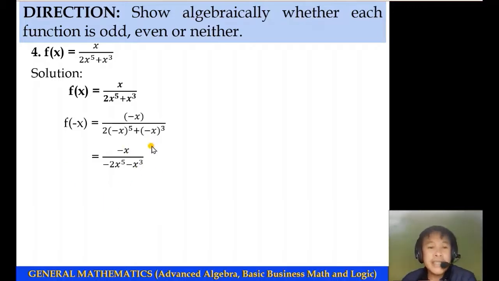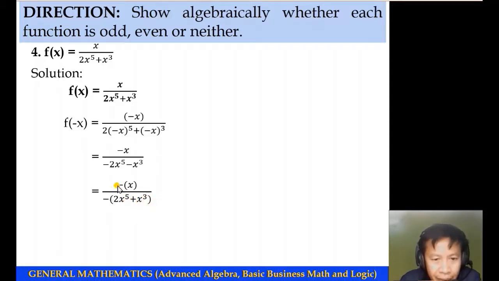We are going to simplify because all of the terms are negative. So this becomes negative quantity x, and this becomes negative quantity 2x raised to 5 plus x raised to 3. And we are going to cancel this out. Did you understand, students? We are going to cancel this out.